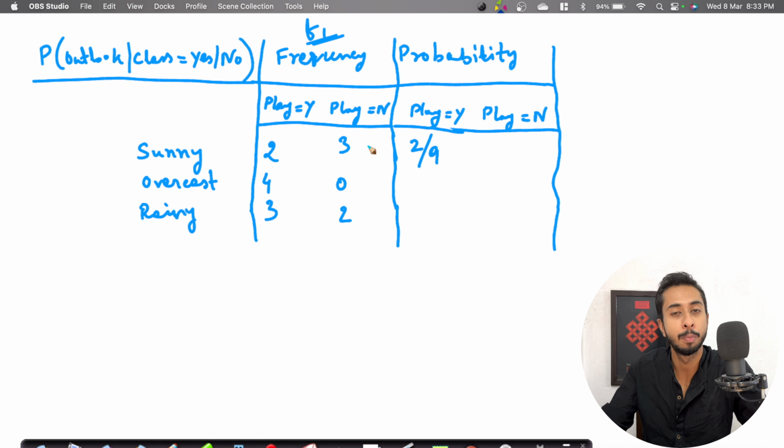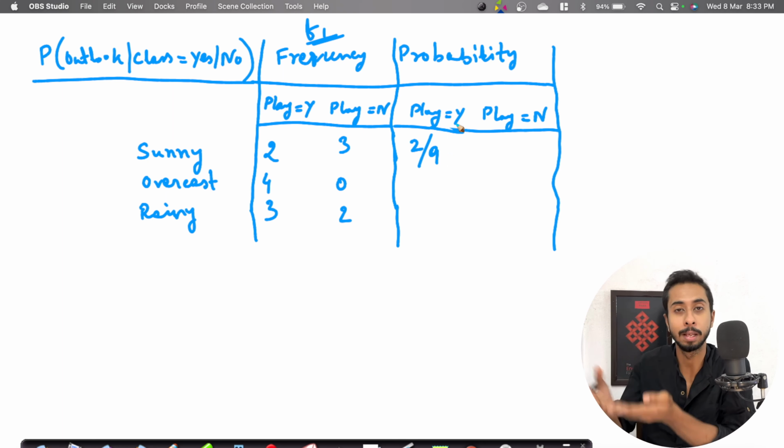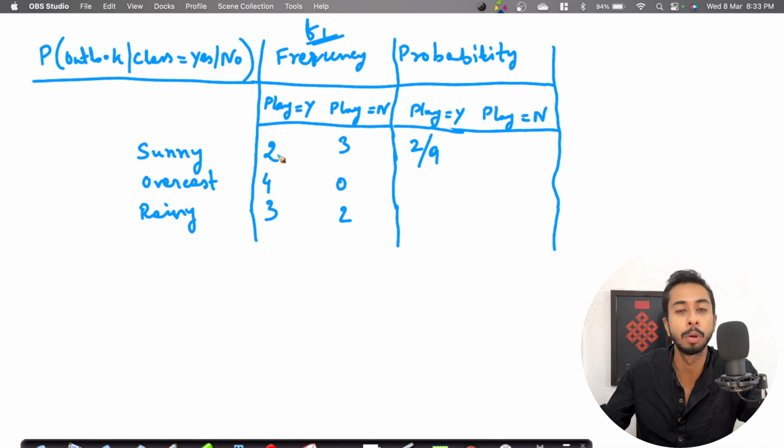Here we have 5 sunny points, but that is not what my probability is. What probability am I finding? I am finding the probability for yes, not for sunny. So what is the total number of yeses? See, 4 plus 2 is 6 and 3 is 9. So totally 9 yeses are present. Out of them, only 2 are for sunny. That is why 2 by 9.